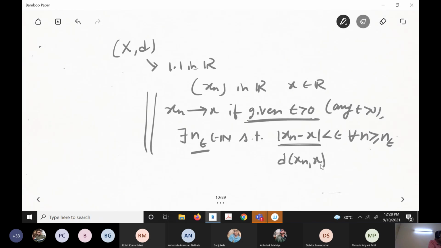Here, instead of epsilon, you have taken r, because usually the neighborhoods of x in a metric space are this: any open ball centered at x with radius r is called a neighborhood of x. That's why I have taken r here.